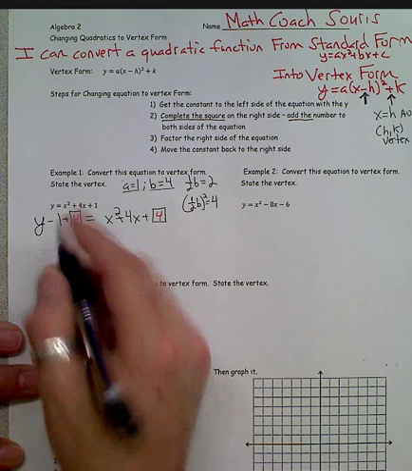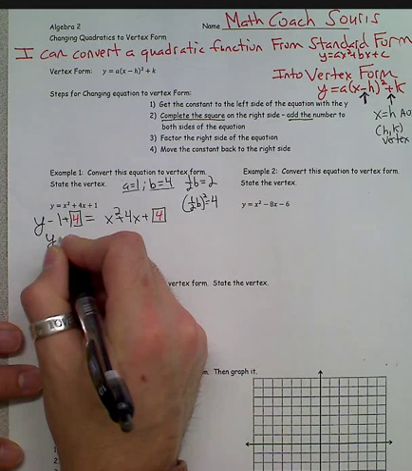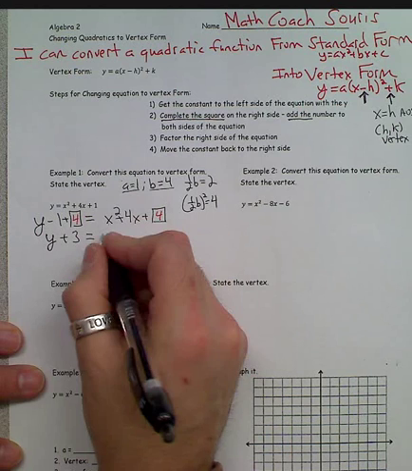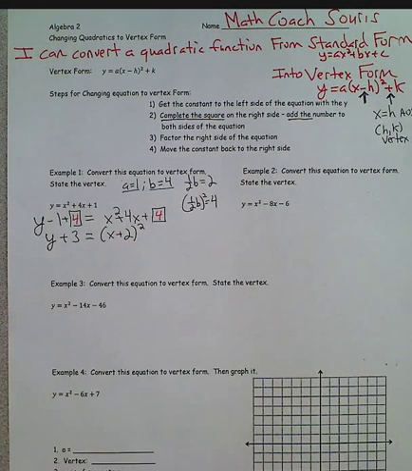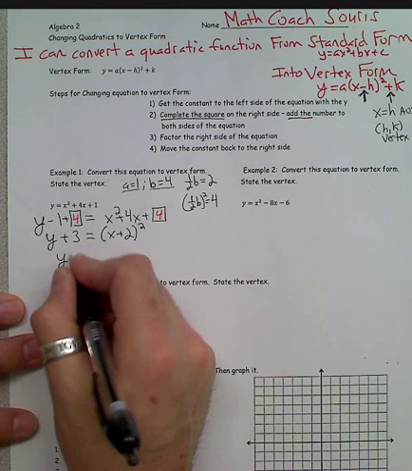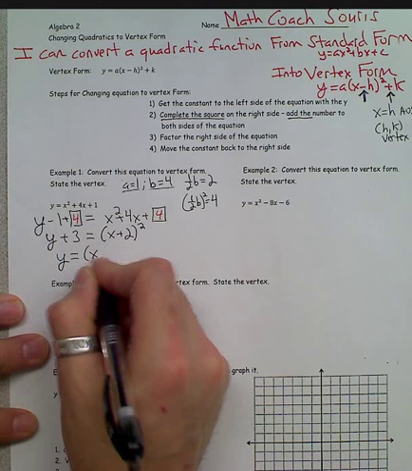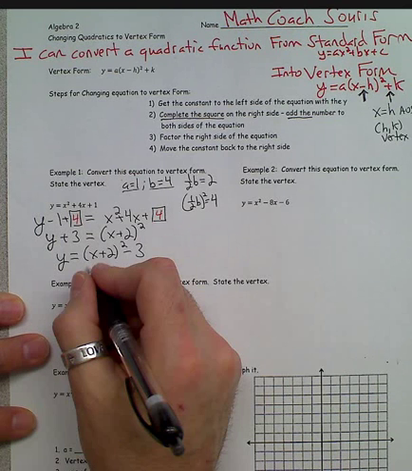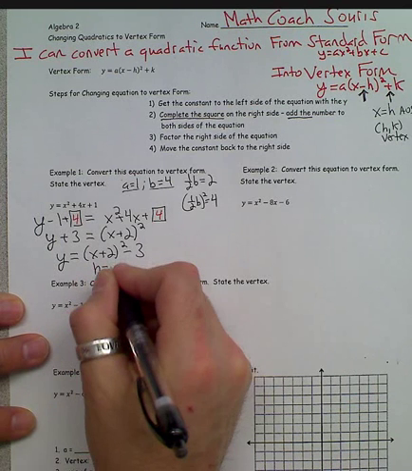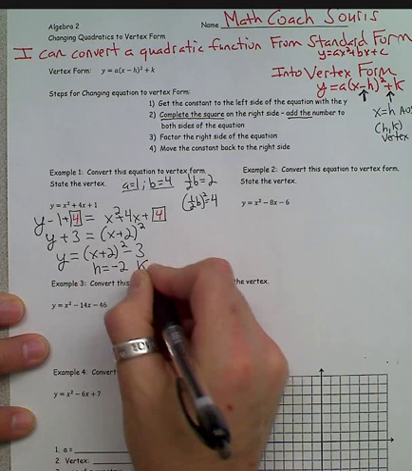Now we have y plus 3 equals, we're going to factor this perfect square trinomial into x plus 2 squared. We're going to move that 3 to the other side, and now I'm in vertex form. And I can see that h is -2, k is going to be -3.